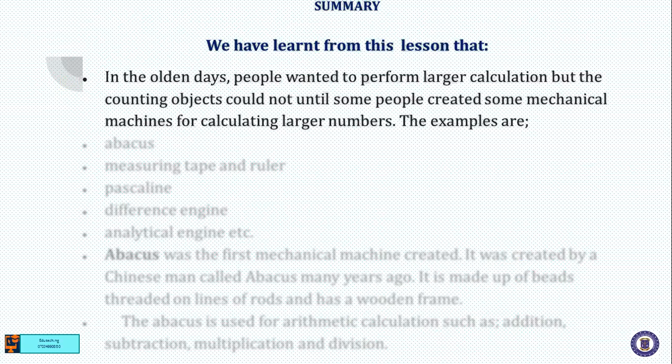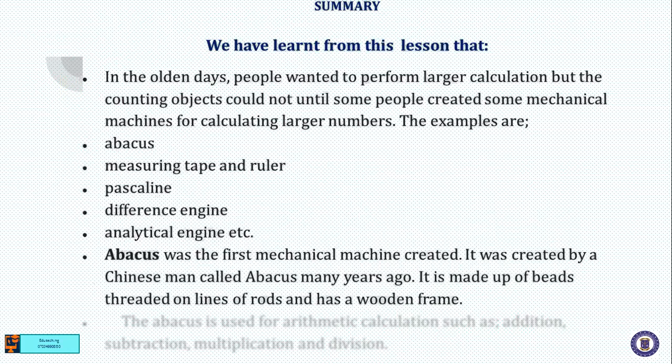This is what I have just explained to you: in the olden days people wanted to perform larger calculations, but the counting objects could not help them until some people created mechanical machines. Examples of these mechanical machines are abacus, measuring tapes and ruler, Pascaline machine, difference engine, analytical engine, etc. Abacus was the first mechanical machine created.